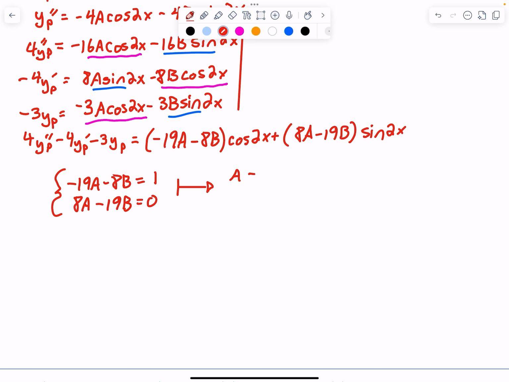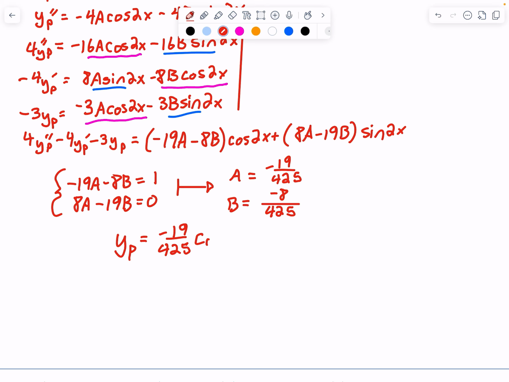You're going to get a is equal to, it's not pretty, negative 19 over 425, and then b will be negative 8 over 425. Get to those however you'd like. If you'd like to solve by hand, that's up to you. Now my particular solution is negative 19/425 cosine of 2x minus 8/425 sine 2x.